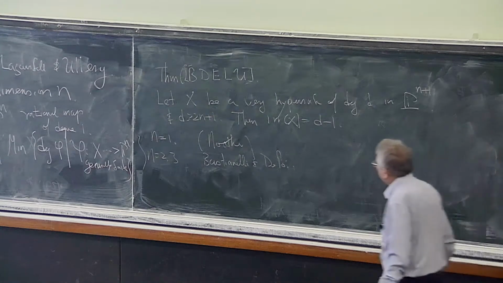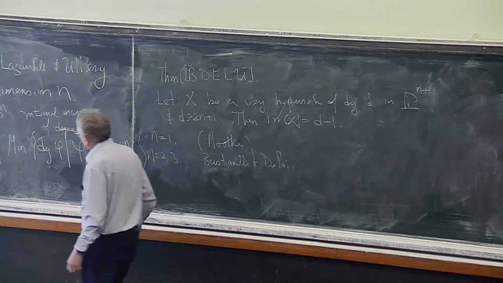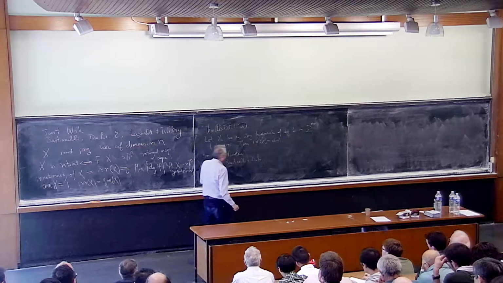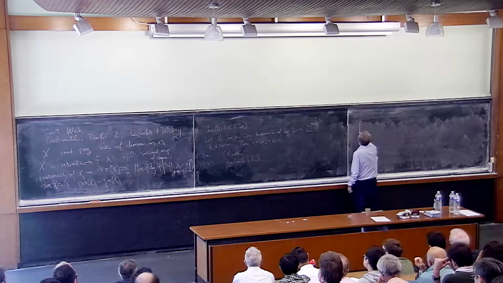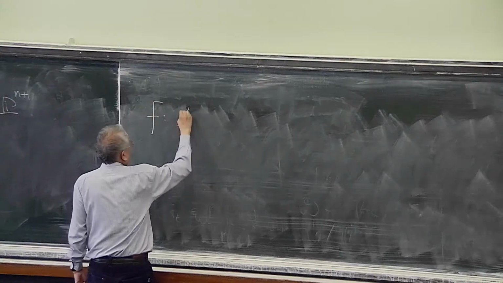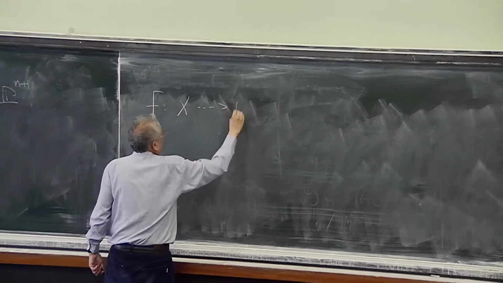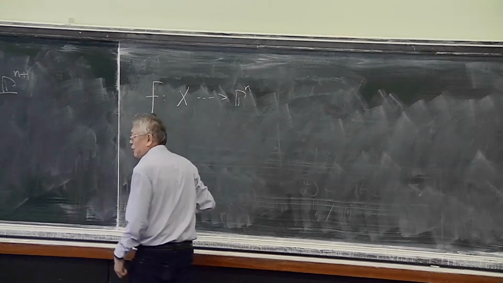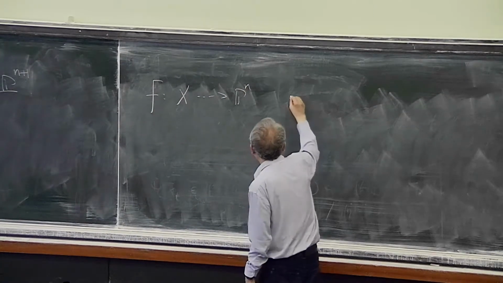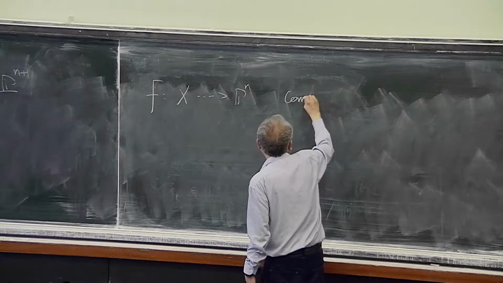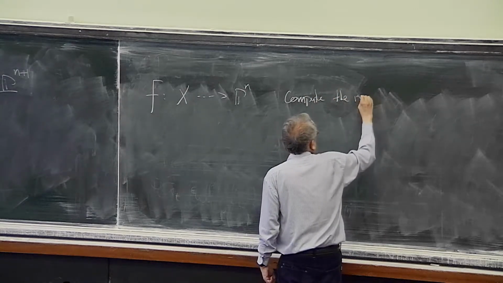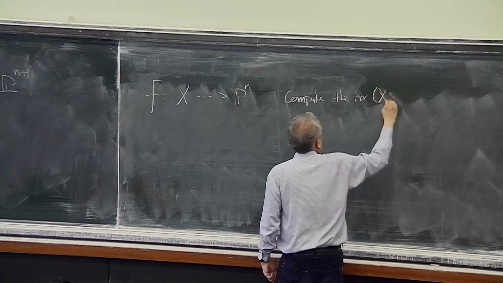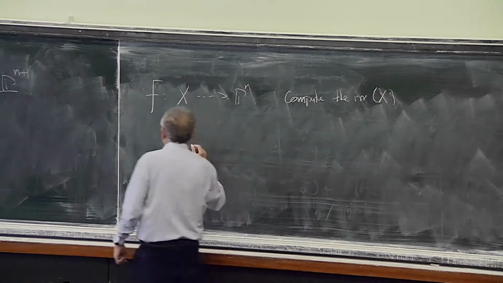Now, the idea of the proof is fairly simple. You let f be one of these maps to P^n computing the irrationality of X, so the degree of f is equal to delta.